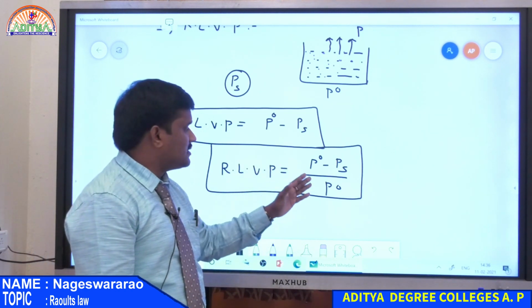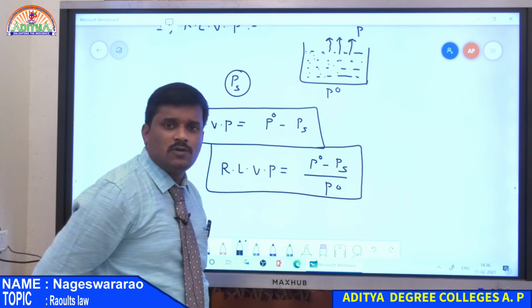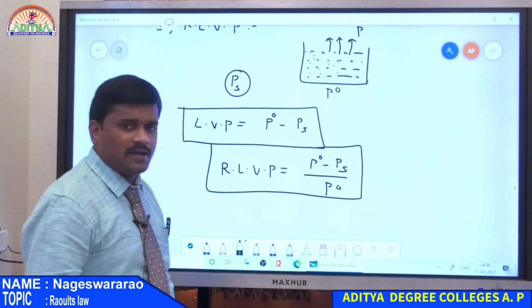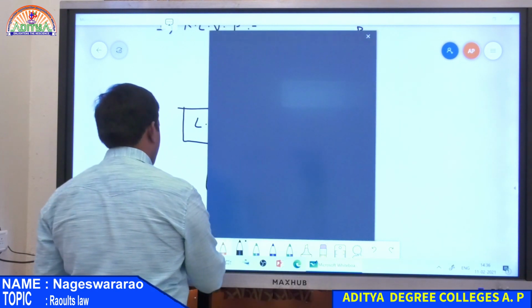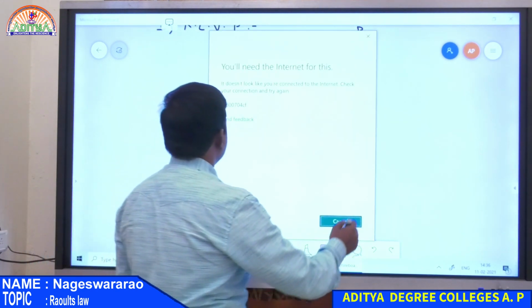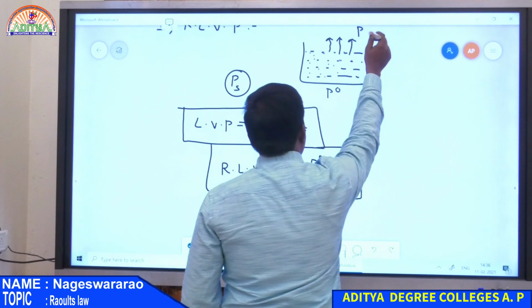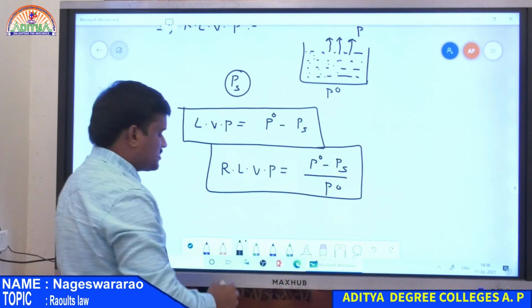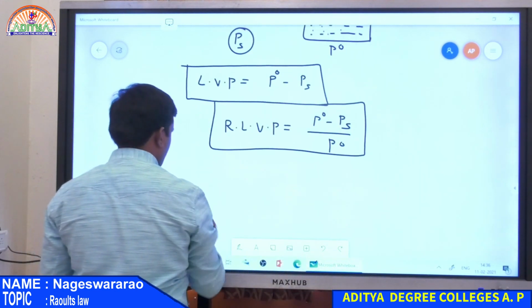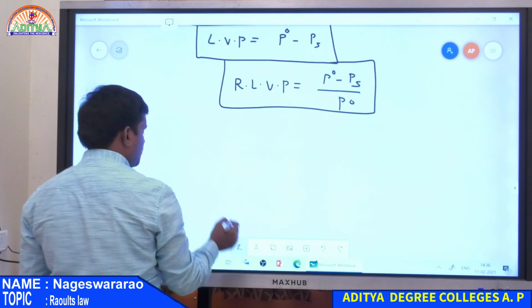That means it is directly proportional to the number of moles of solute, and it is explained using Raoult's law. So what is the Raoult's law statement?